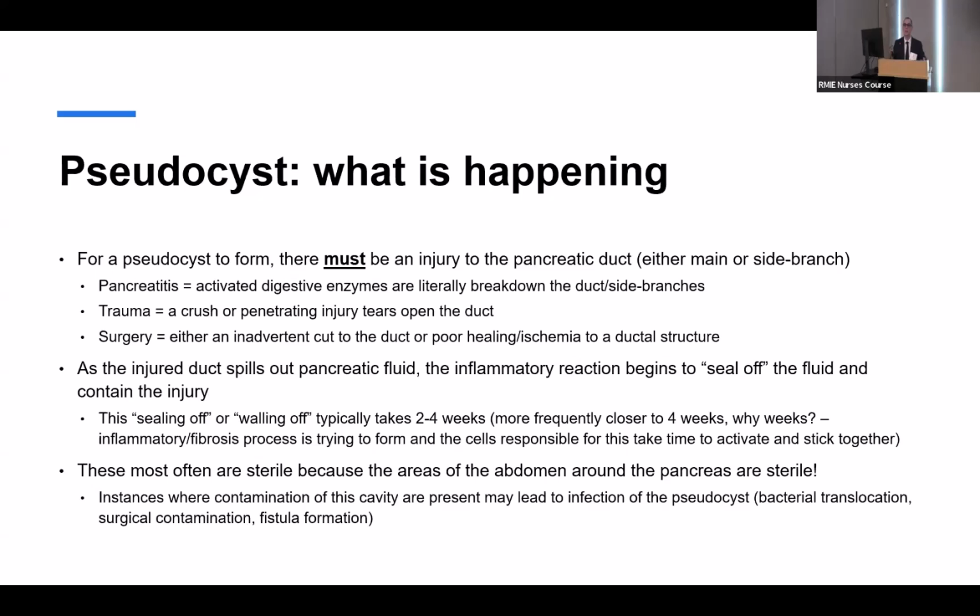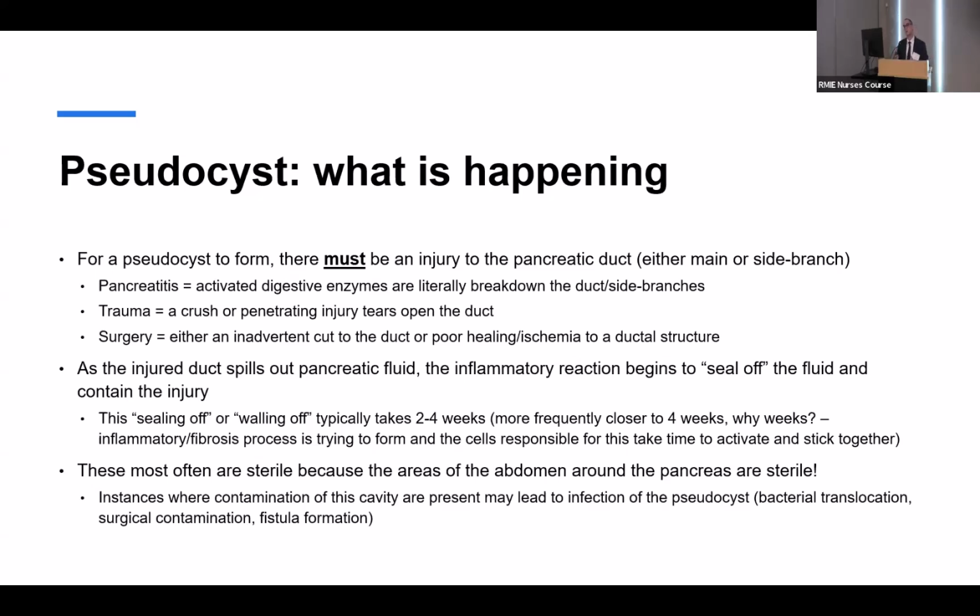But that is why it takes about 2 to 4 weeks of continued activation of that inflammatory process to start activating the cells that make fibrosis around the fluid collection. That's the scale it takes.